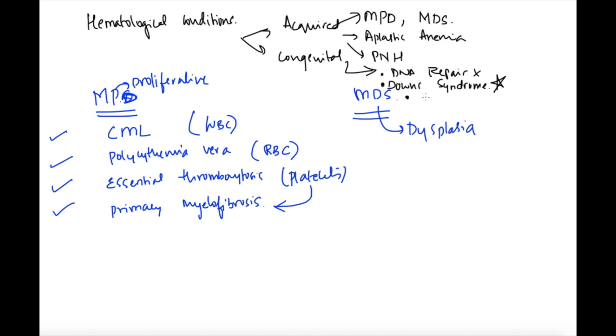There are so many causes of congenital aplastic anemia, but I would like to highlight one important cause, that would be pure red cell aplasia. That's congenital. It's called Diamond Blackfan syndrome, right?